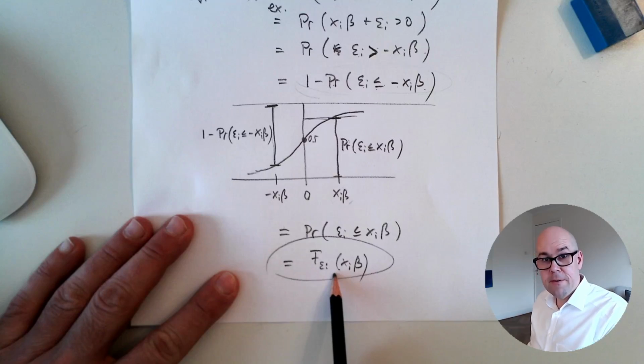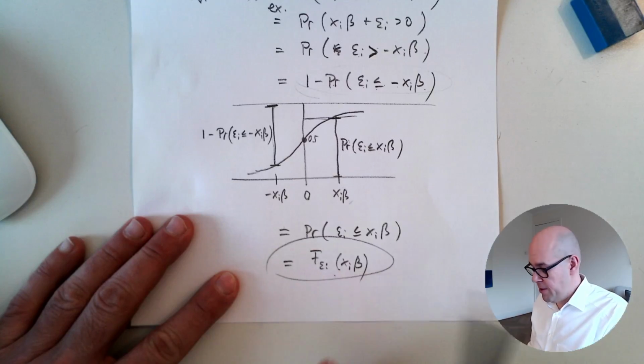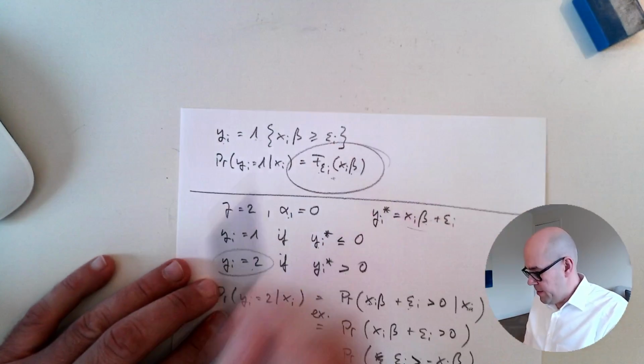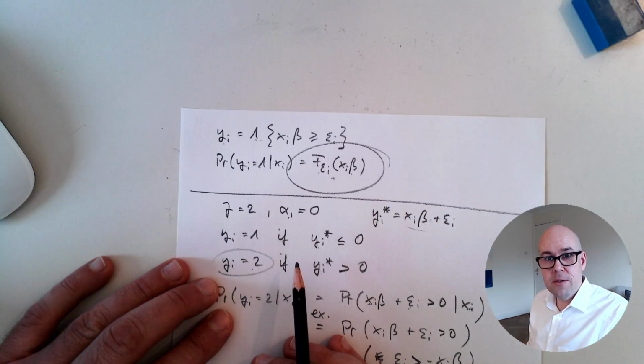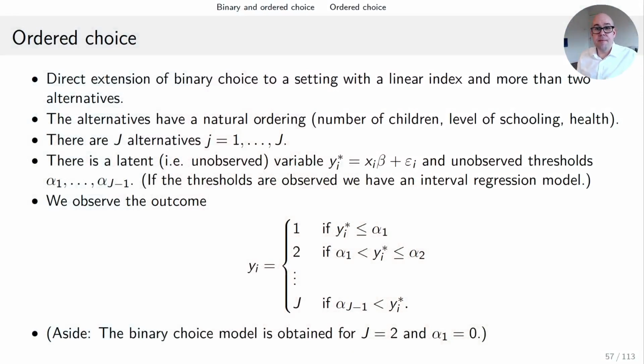So we arrive at this expression here, which is the exact same expression as we had for the binary choice model. What does that now mean? That means that both models that I've looked at here produce the exact same choice probabilities.